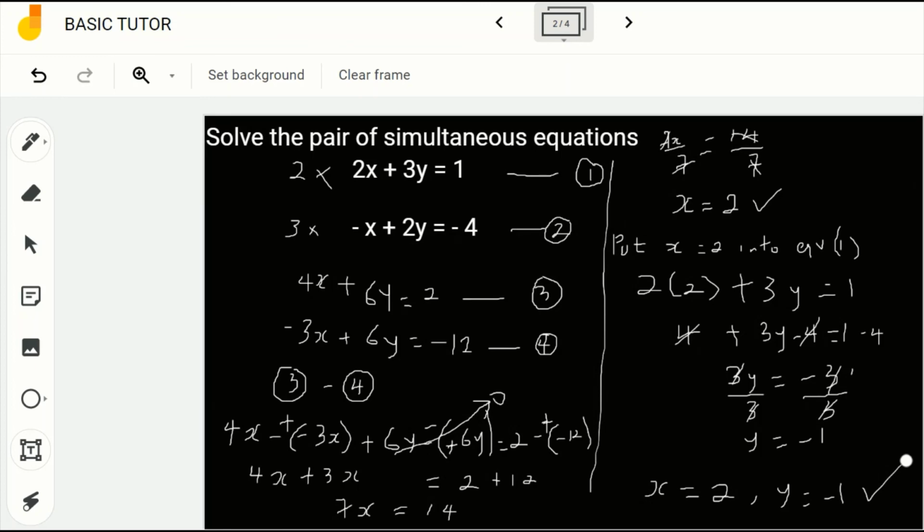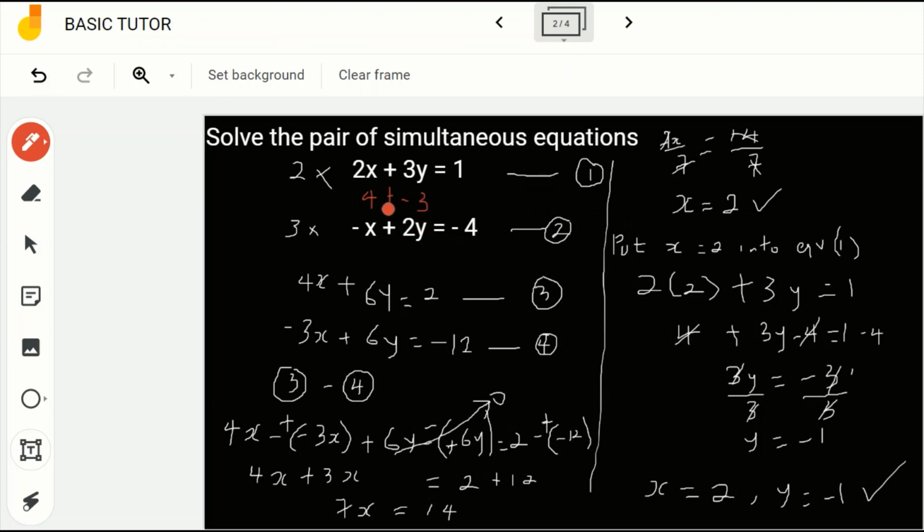You can check if you are correct by putting the values for x and y into this equation, and you should get the value on the right hand side. So 2 times x, where x is 2, is 4, plus 3y, where y is minus 1, so 3 times minus 1 is minus 3.